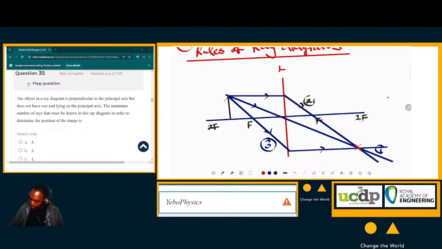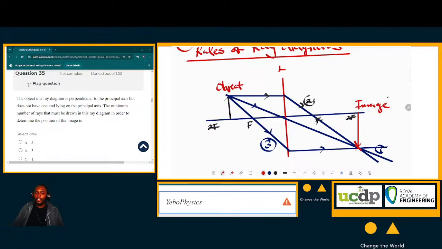At the point where these rays converge, that is where your image will be formed. If this is accurate, this should be beyond 2F. This is where your image will be formed, and this is your object.